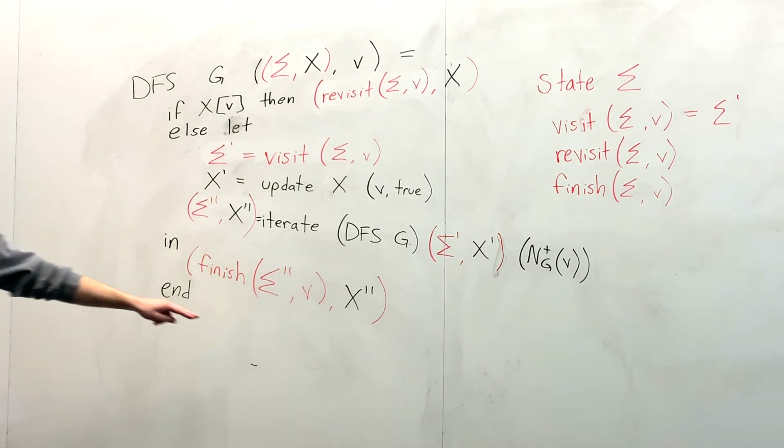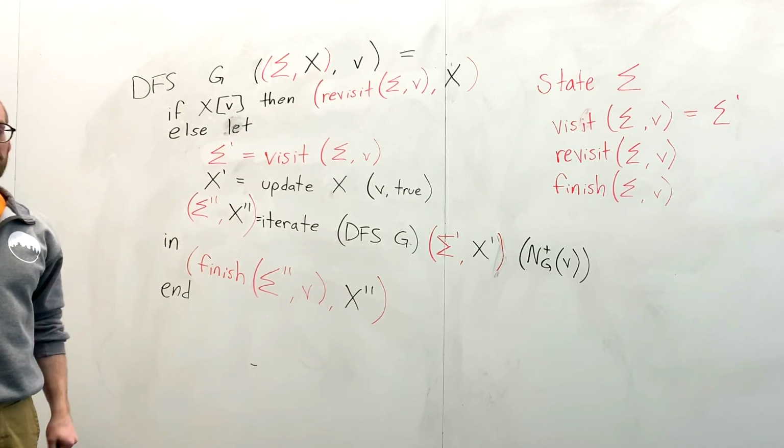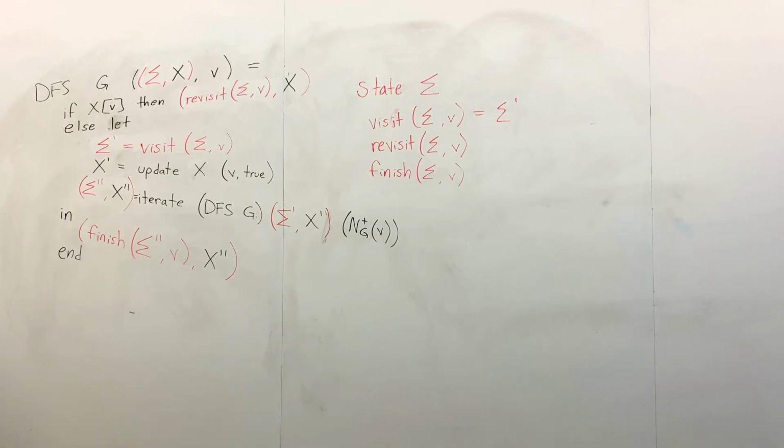And that will update the state one more time, and that's the thing we will actually return when the DFS completes. So let's do a small example where we use this generic DFS in order to do a particular application.